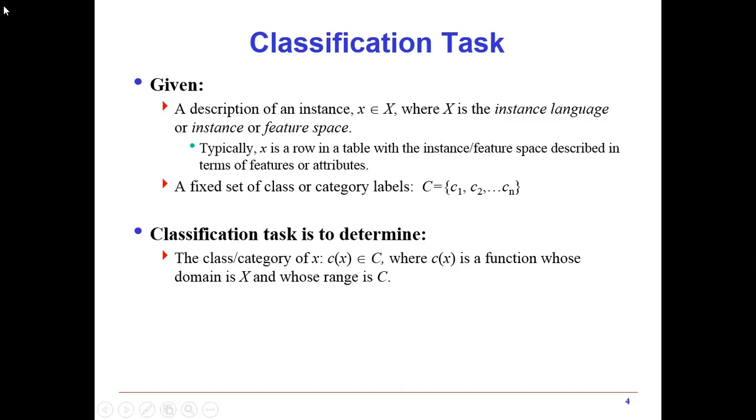So the classification task is you have to determine what is your c(x) for a given input x. For any input x, we have to determine the c(x) value, and that c(x) value is an element of the class label set.